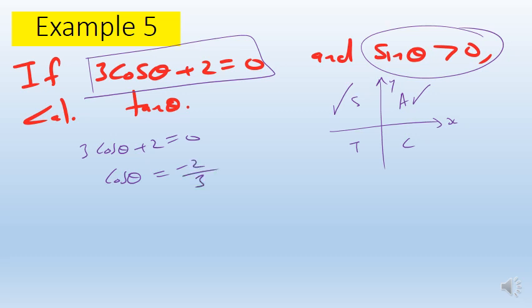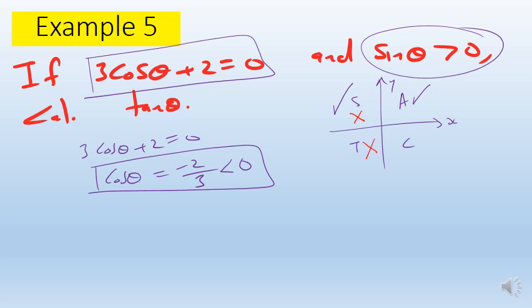Now, cos theta is equal to minus 2 over 3, which is less than 0. In which quadrant is cos theta negative? So we know that cos theta is negative in the second quadrant. It's also negative in the third quadrant.